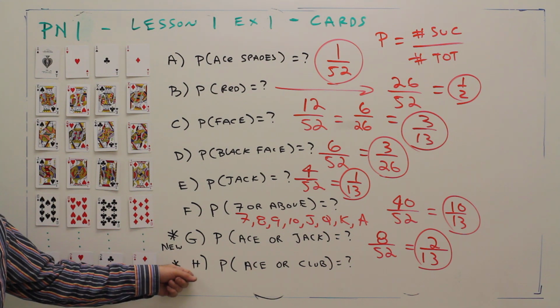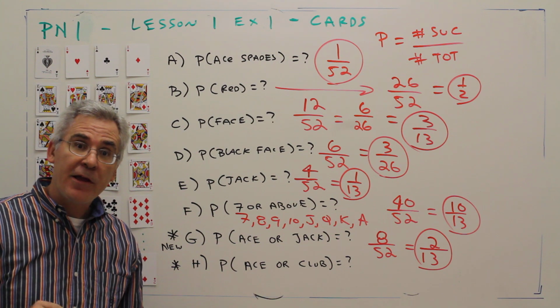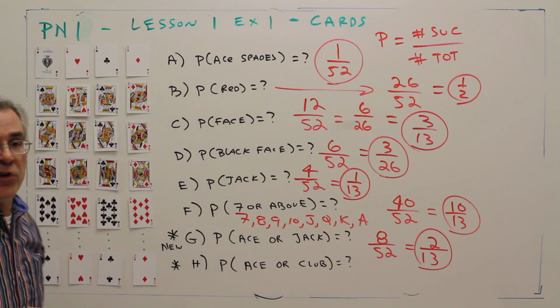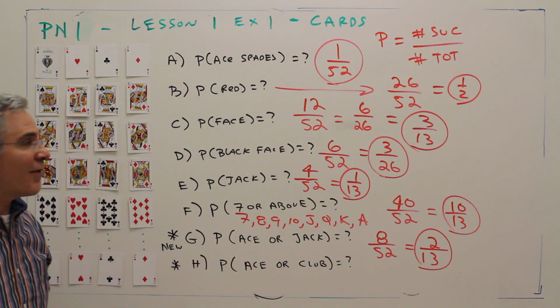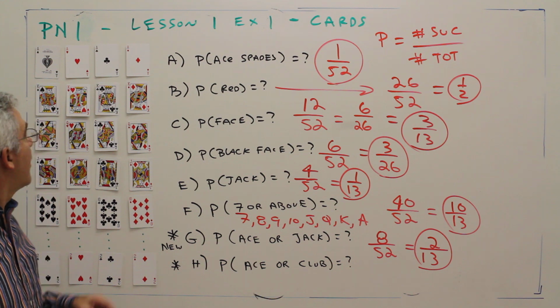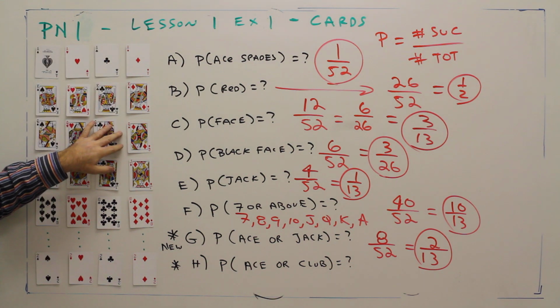This next one you got to be careful. Probability of an ace or a club. Here's the common mistake. Oh, there's 4 aces, there's 13 clubs, so I've got 17 successful outcomes. Well, you're double counting the ace and the clubs.